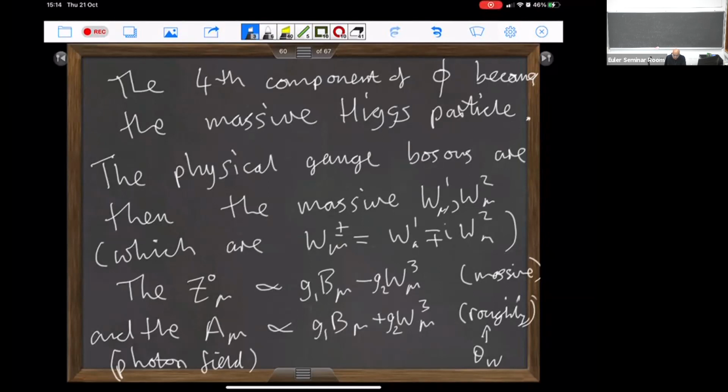And then you get W plus and W minus, which, in the way I've defined it, are these 2 linear combinations of W1 and W2. They're the ones which appear in the off-diagonal components of the covariant derivative. The reason it's these 3 that we write is that these are the mass eigenstates of the Lagrangian expanded around the vacuum.